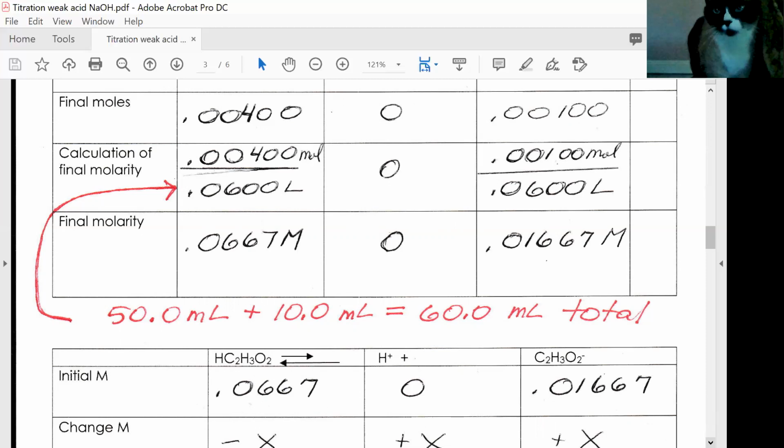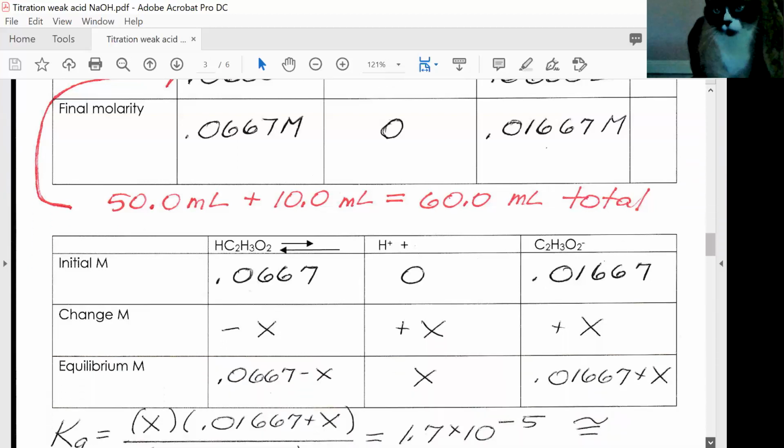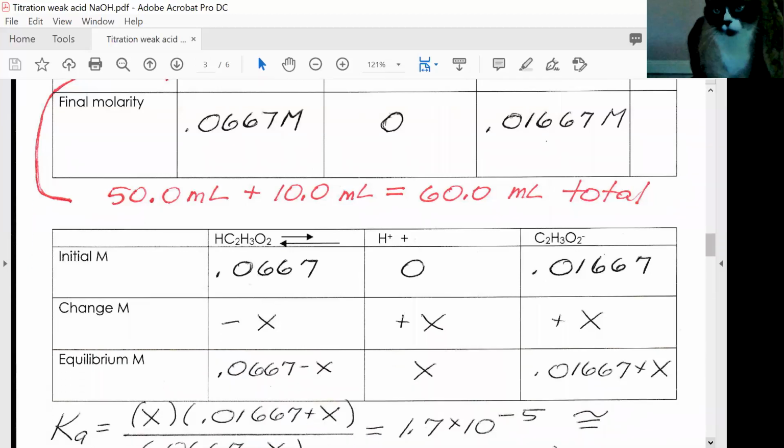You're going to do the stoichiometry table first. So now you will use your final molarity on your stoichiometry table to fill in your initial for your ICE table. So if you would please do that right now.